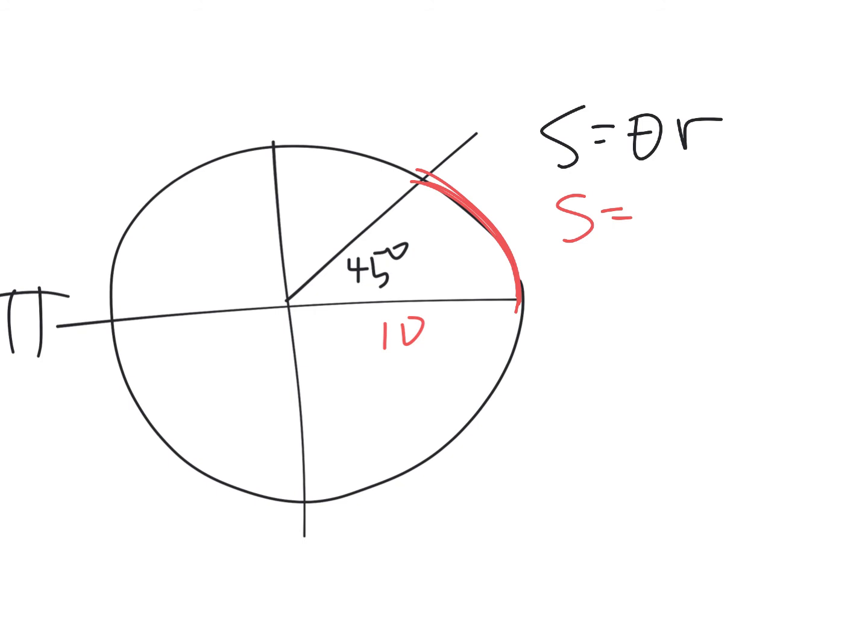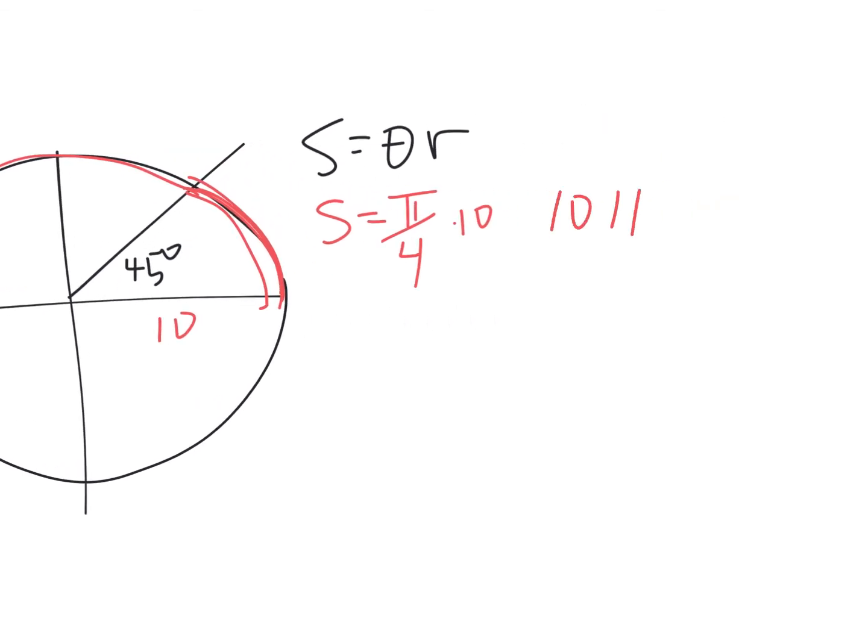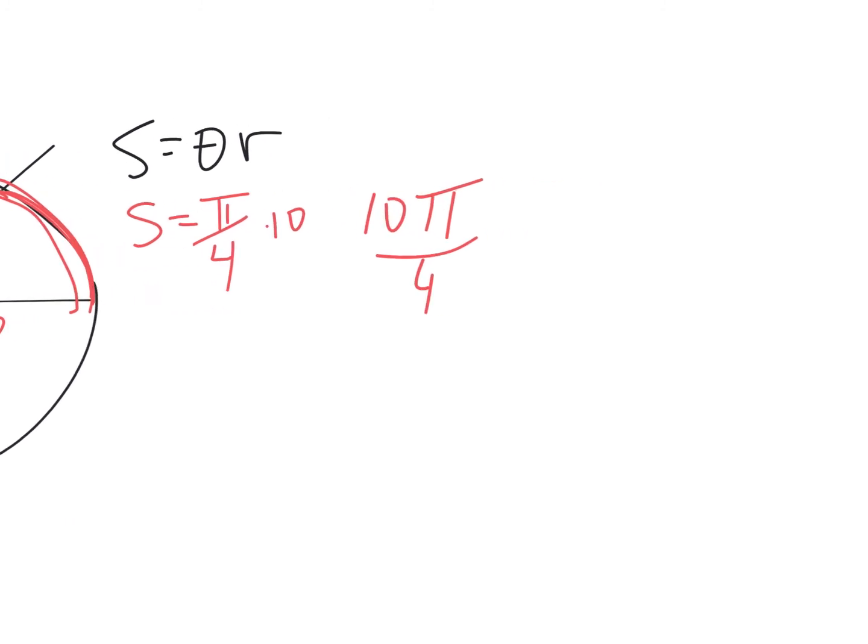All you do is pi over 4, and then you times it by 10. How to get the pi over 4? It's 1/4 of the way to pi. Okay, so then times the radius is 10. So then it's 10 pi over 4. Hope you simplified. 5 pi over 2.